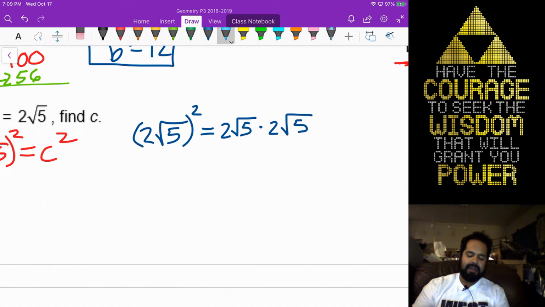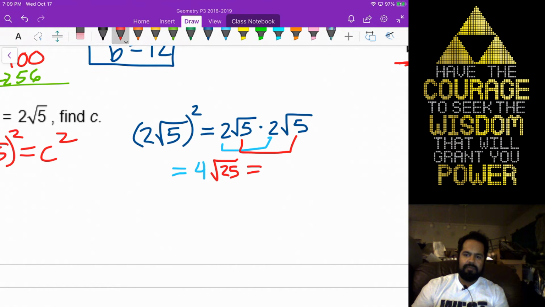We can go ahead and pair up the 2's and say 2 times 2, which is 4. The square root of 5 times the square root of 5, well, we could say that that's the square root of 25, but we know what the square root of 25 is. It's going to give us a 5.